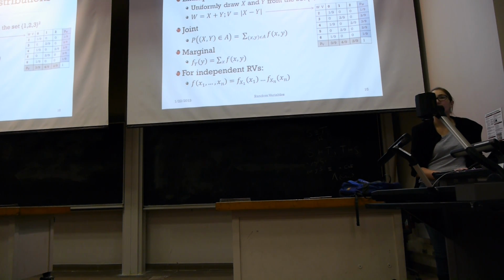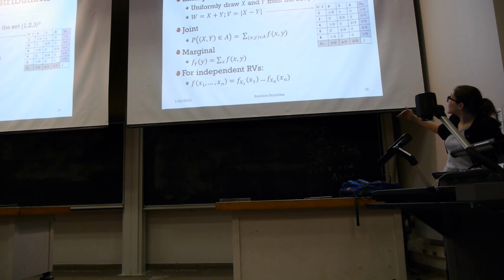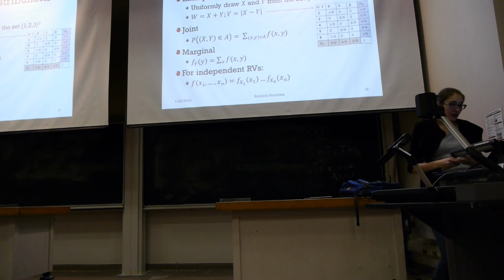Okay, is that clear? Basically, if we sum over all the rows, we get the probability distribution of the absolute value of the difference. If we sum over the columns, we get the probability distribution of the sum. For independent random variables, the joint distribution is the product of the marginals.